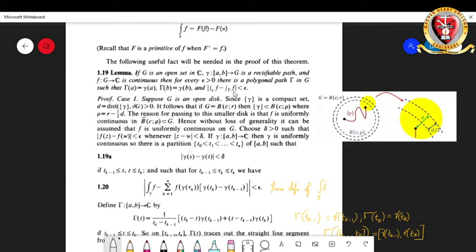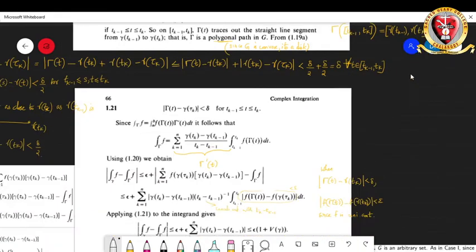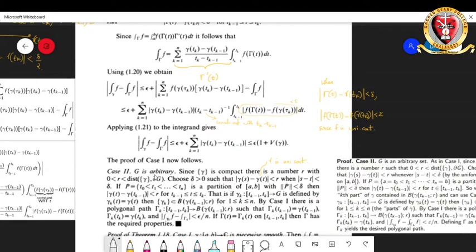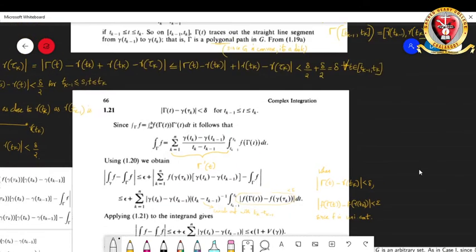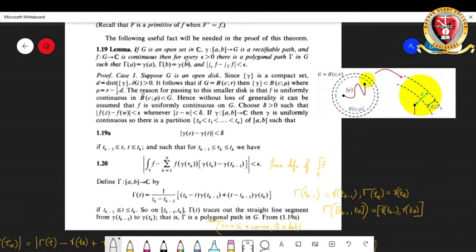So we prove it in two cases. In the first case, we assume that G is an open disk, and in the second case, we treat G to be an arbitrary open set. So in the first case, suppose G is an open disk, and we know that the trace of a curve is definitely a compact set.